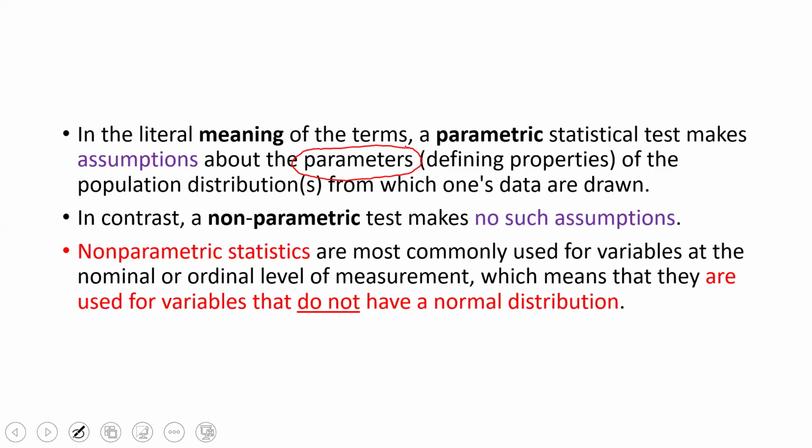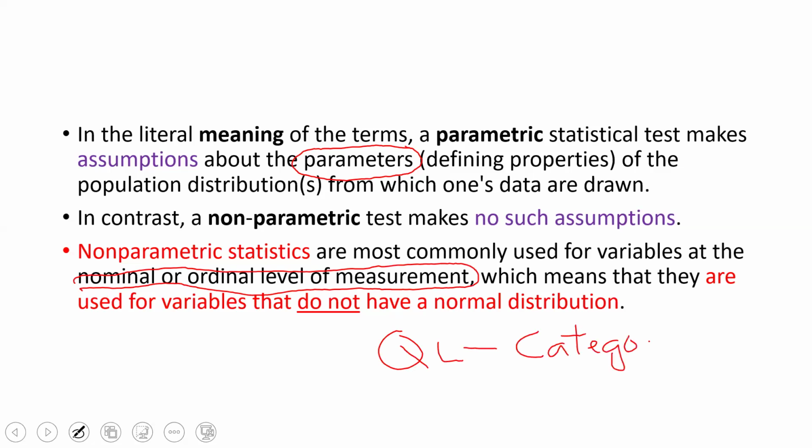So non-parametric statistics are more commonly used for variables at the nominal, and you can see it's coming up now, nominal or ordinal level of measurement. When we say nominal, it is qualitative. Remember, qualitative is categorical data. So it is normally used for things that you classify, things that you order, not for quantitative variables. That means that they do not have a normal distribution.